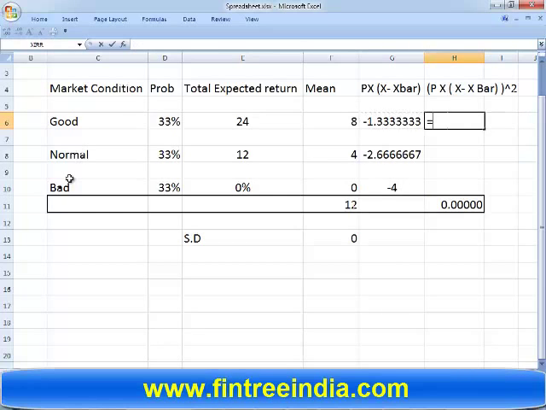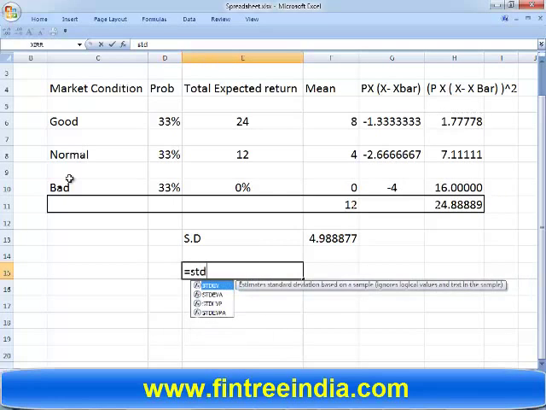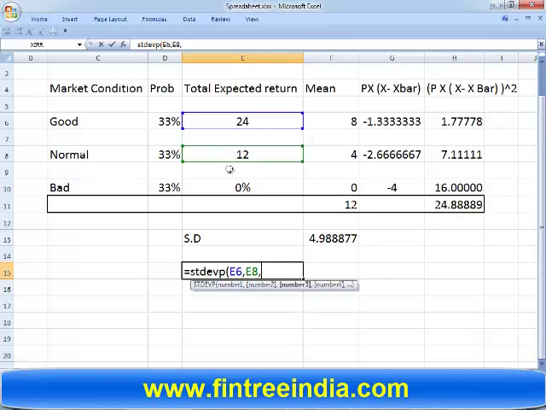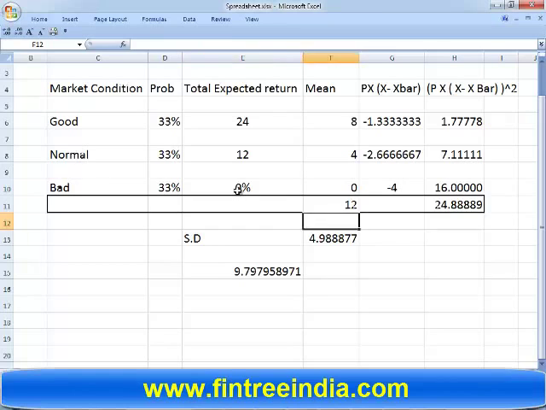And then if you take square of this, .98 should be 179.